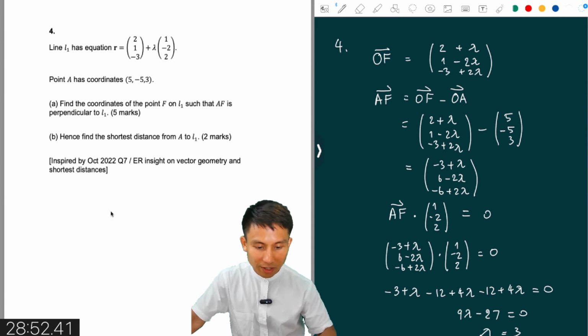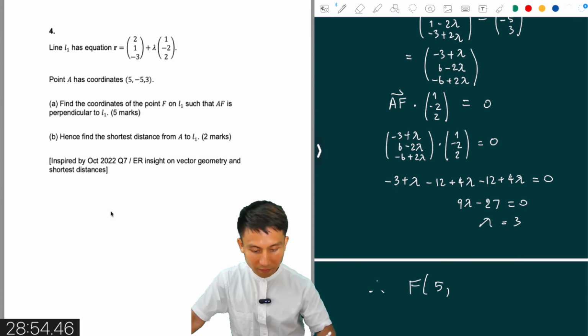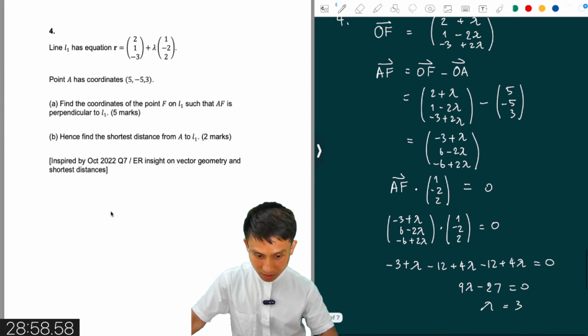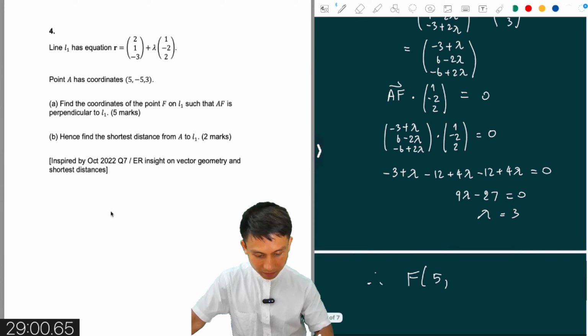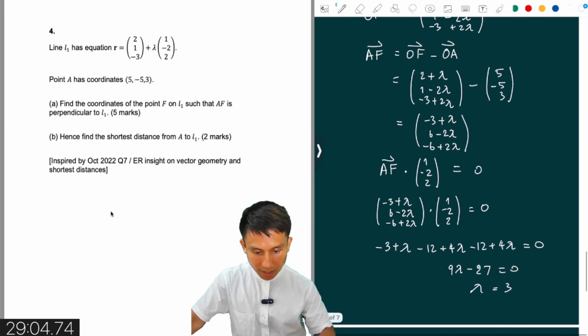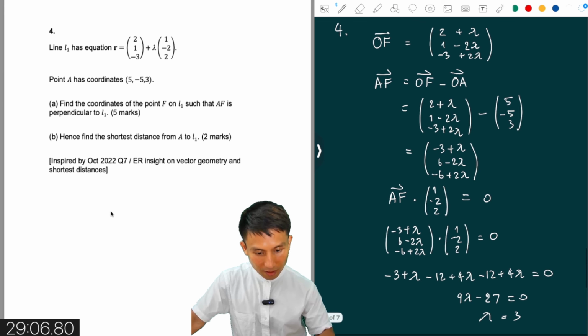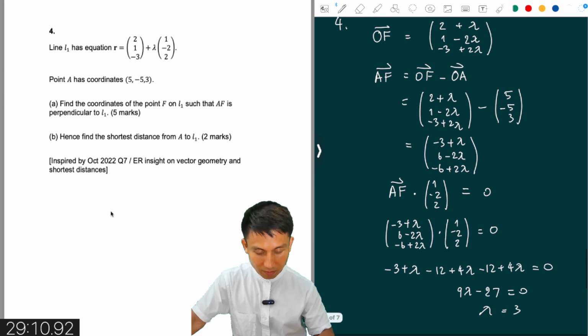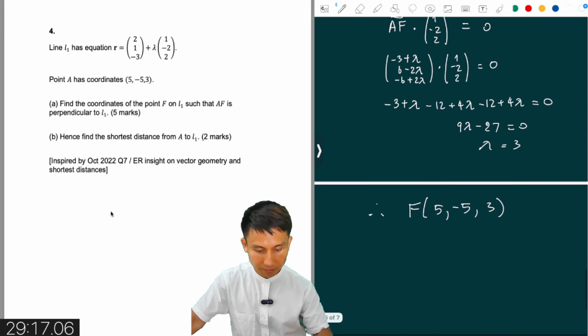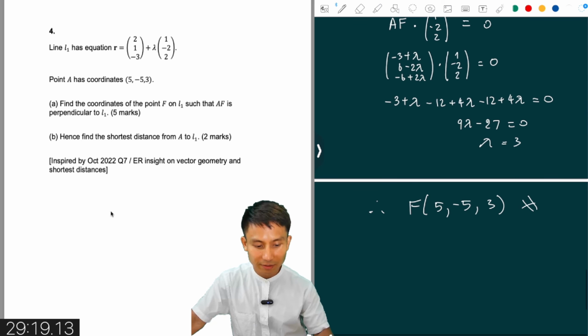So lambda being 3, the top one will be 5. And the y coordinate will be 1 minus 6, which is minus 5. And then minus 3 plus 6 will be plus 3. Okay. That's it for part A.